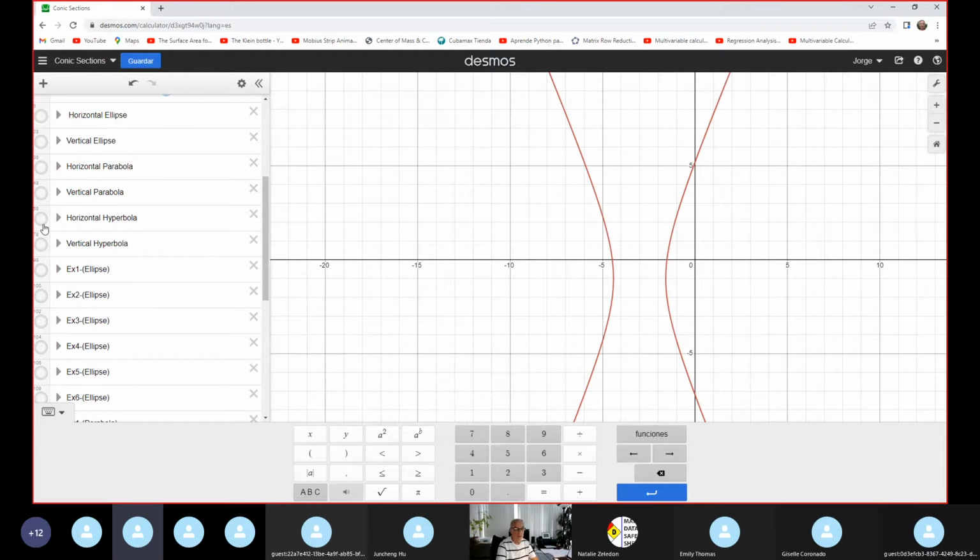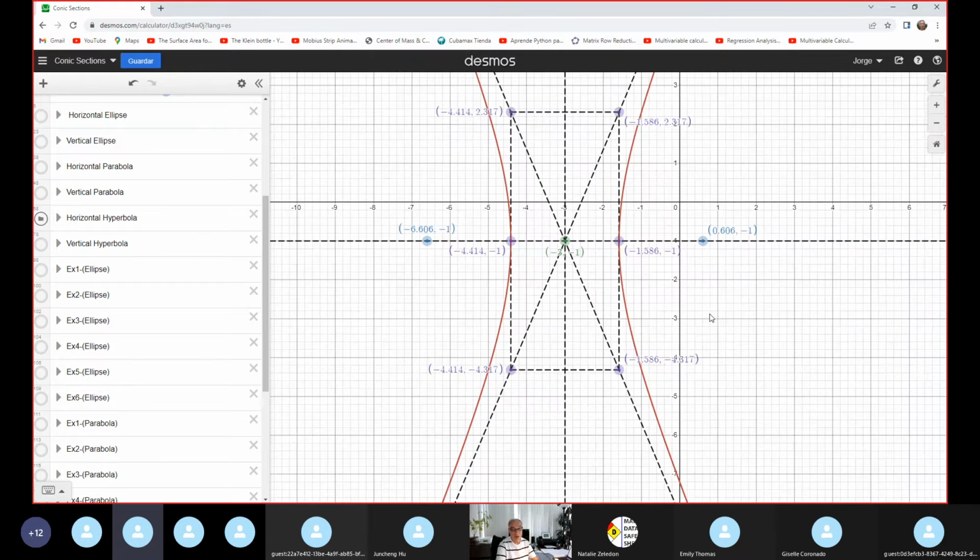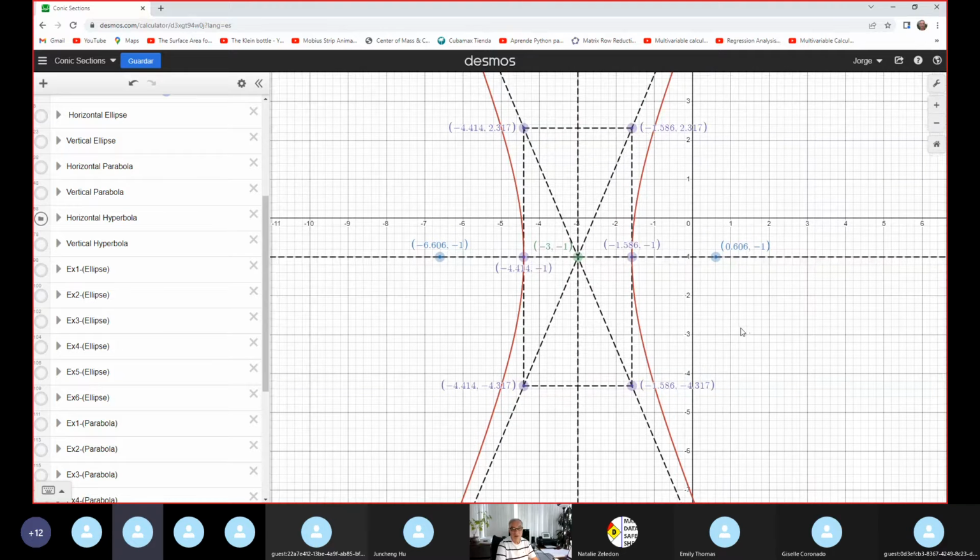Horizontal hyperbola. This is the center, the point -3,-1. This is the vertex here. This is the focus, and this is the asymptote. Good.